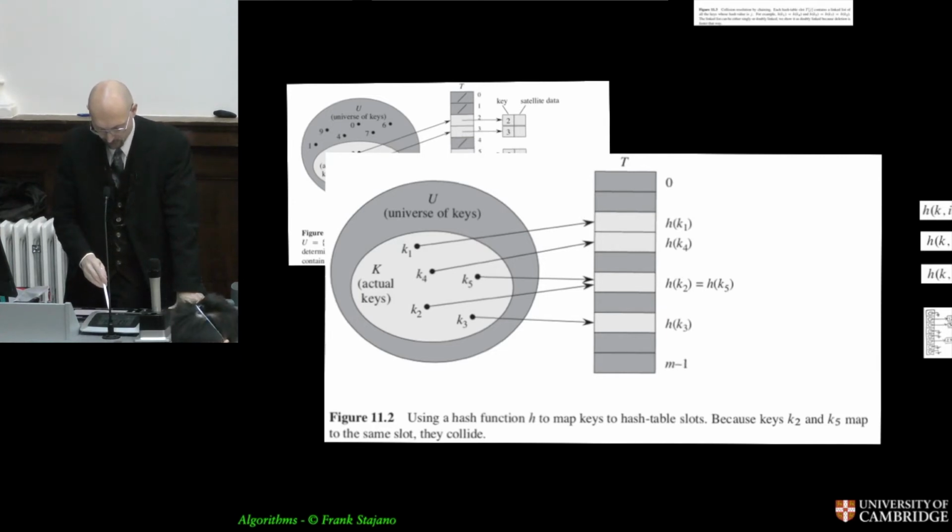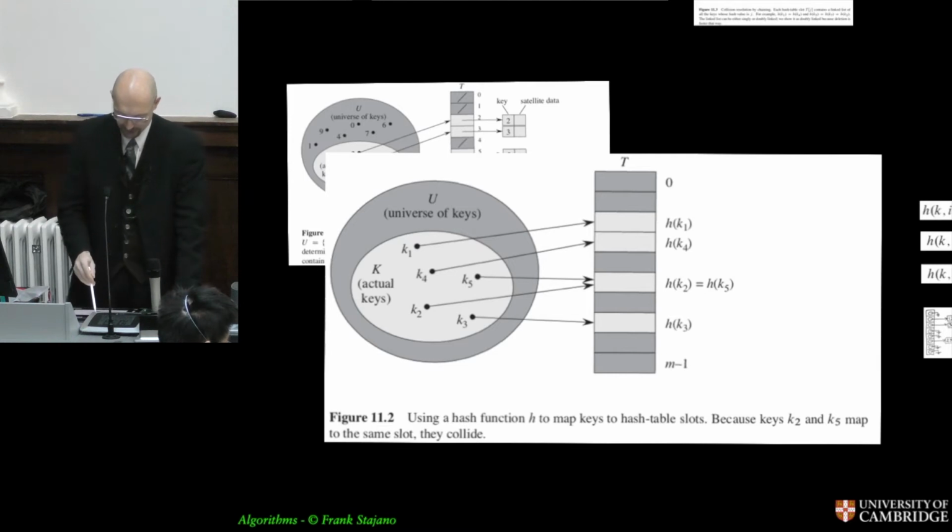So this is an example where, unfortunately, two of the keys I actually use, k2 and k5, hash to the same value, and therefore they would end up pointing at the same slot in this table.